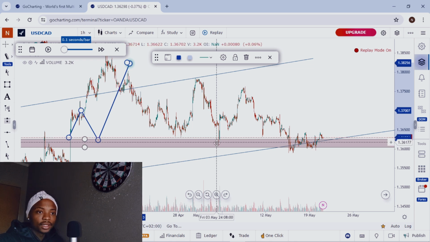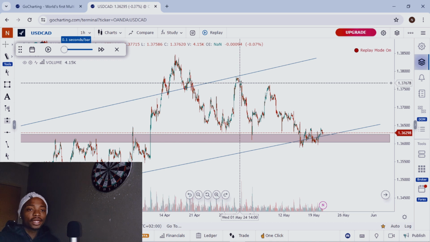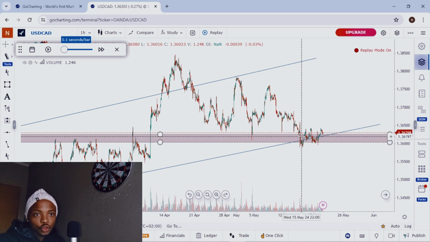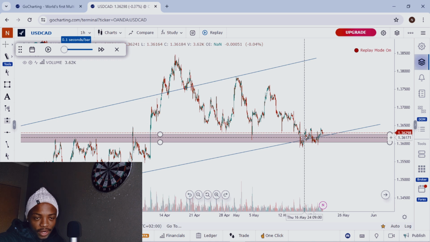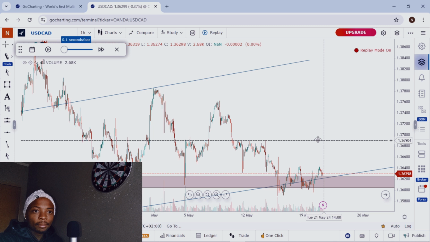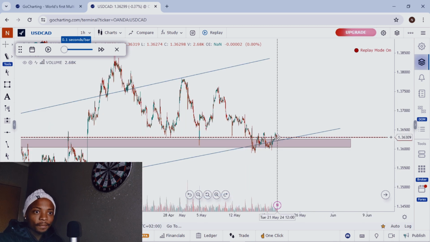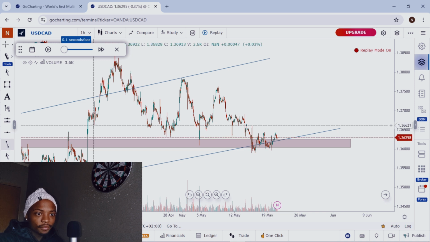But then since this is a channel, if you want to increase your probability, if you want to actually increase your chances of making money, the best thing to do is just wait for price to get to this confluence area right here, to wait for price to touch this bottom trend line, right? But then still you would have to narrow it down and then focus on this channel that we have right here.